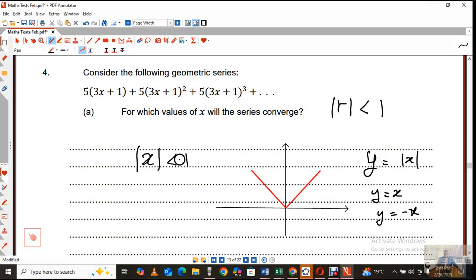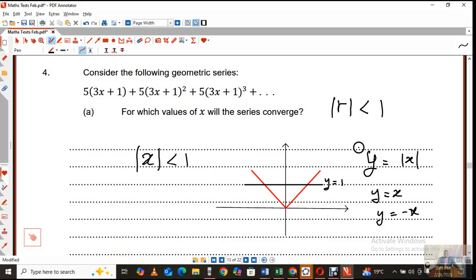So what does it mean for values less than 1? Suppose I have a line over here, and I bring that line here, maybe in a different color. Let's say for argument's sake, this line is y equals 1.